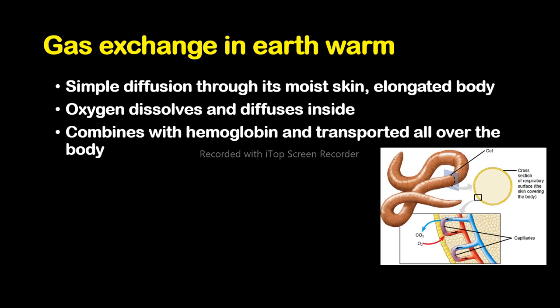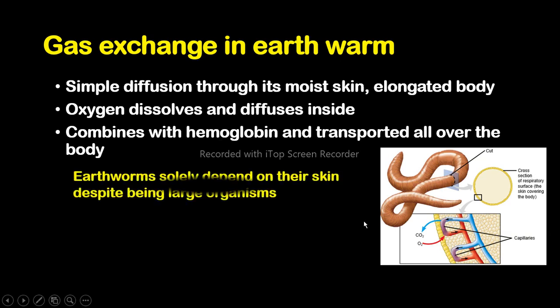And so the rate of diffusion is high. When oxygen finally makes its way into the blood of the earthworm, it combines with hemoglobin and is transported all over the body.